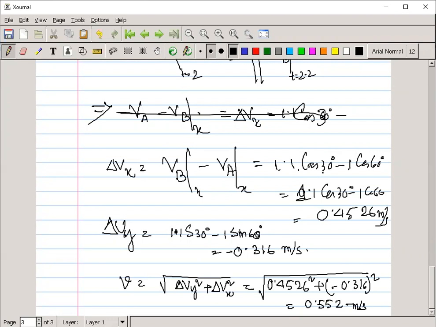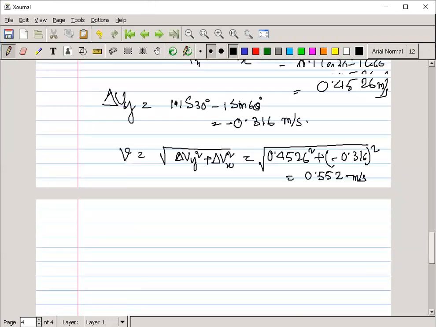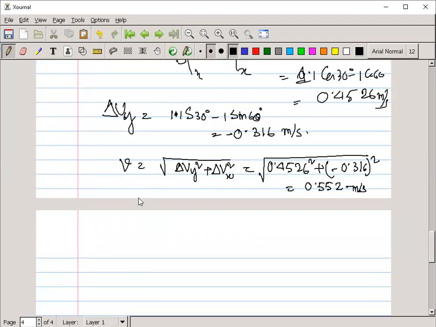Yes. Now average acceleration, as per the question, they need to find. So this is del v actually. Average acceleration is equal to del v by del t.